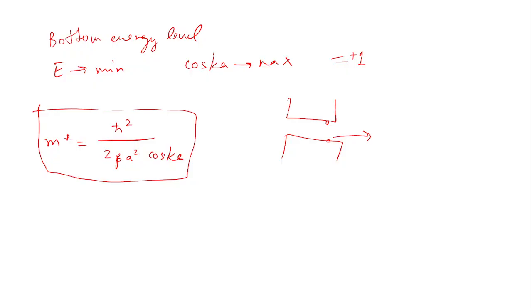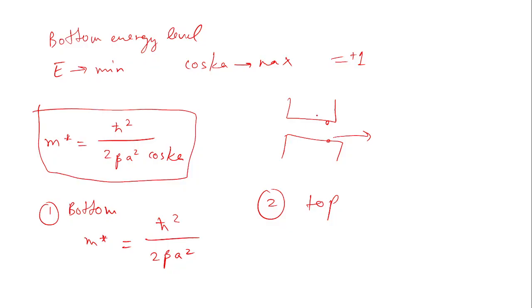So for the first situation, at the bottom of the energy band, the effective mass of the electron is h bar square divided by 2 beta a square, substituting plus 1 for cos Ka. So we get this expression. Second situation: we have to find the effective mass of the electron when it is at the top of the energy gap. There the energy will be maximum.